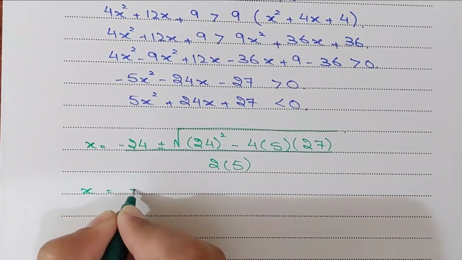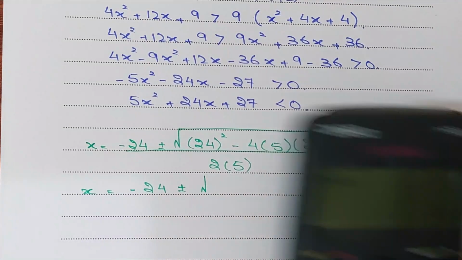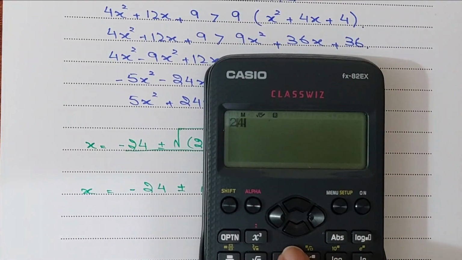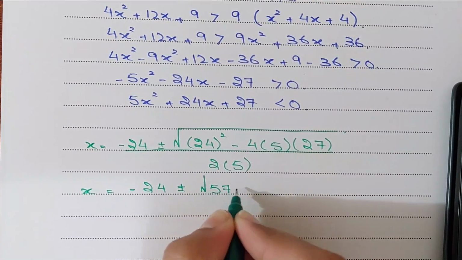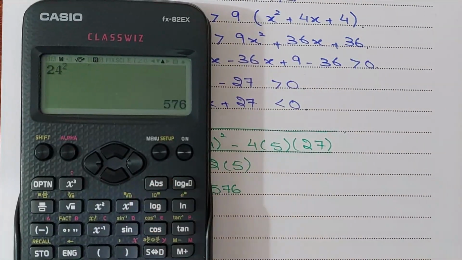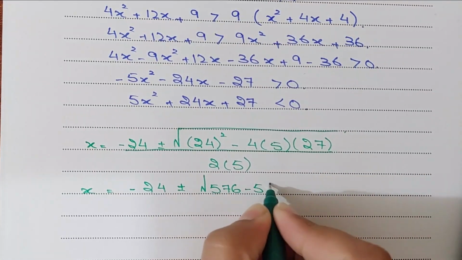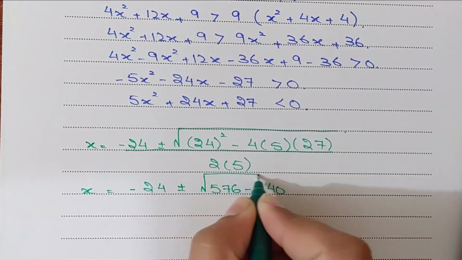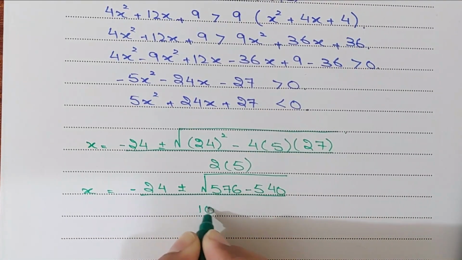Now x is equal to minus 24 plus minus the square root of the square of 24, which is 576, and minus 4 times 5 times 27, this is minus 540, divided by 2 times 5, which is 10.